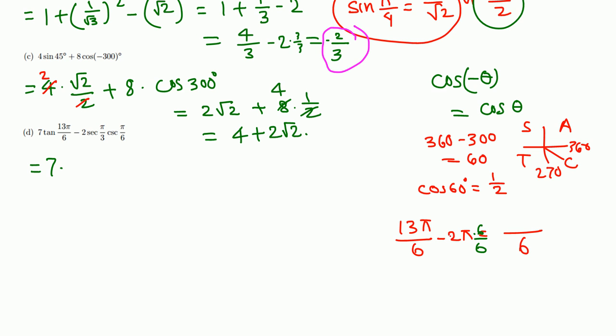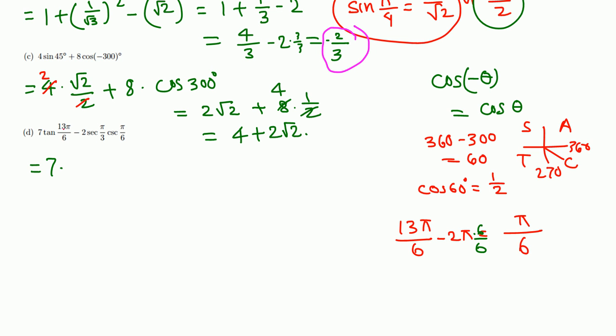13 pi minus 2 pi times 6, so 12 pi. 13 pi minus 12 pi, just 1 pi. So pi over 6, which is the same as 180 over 6, so 30 degrees. So this angle is in fact pi over 6 more than 360. 30 degrees more than 360, so in the first quadrant.